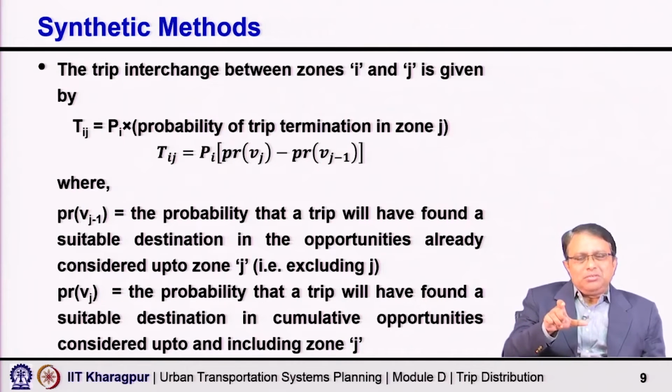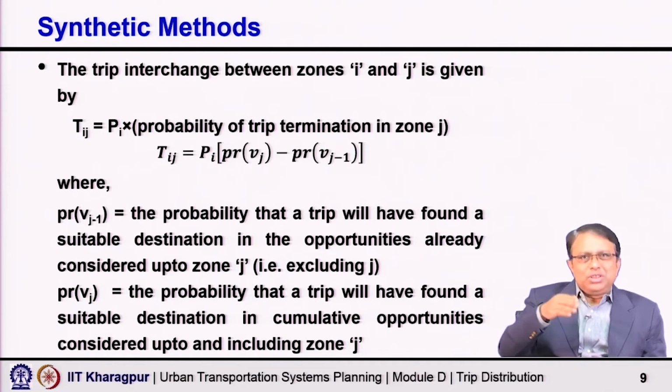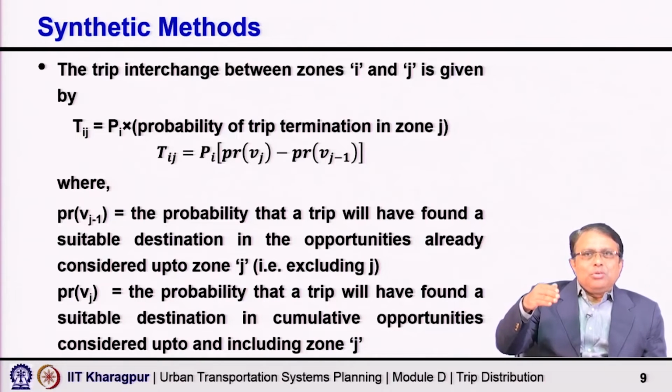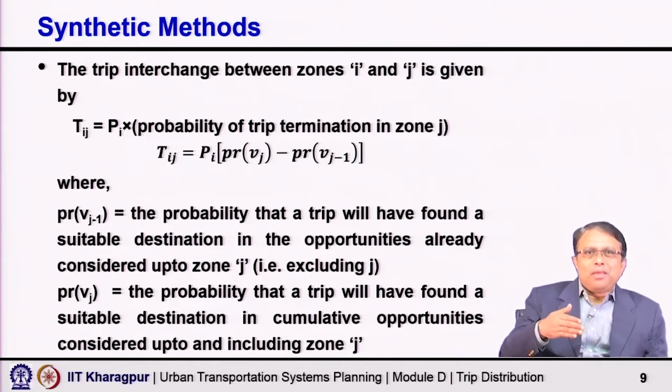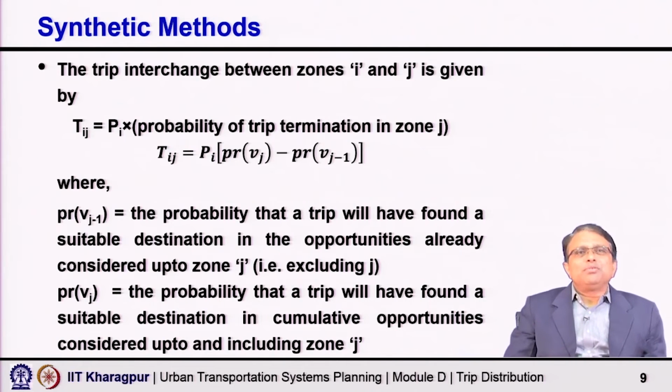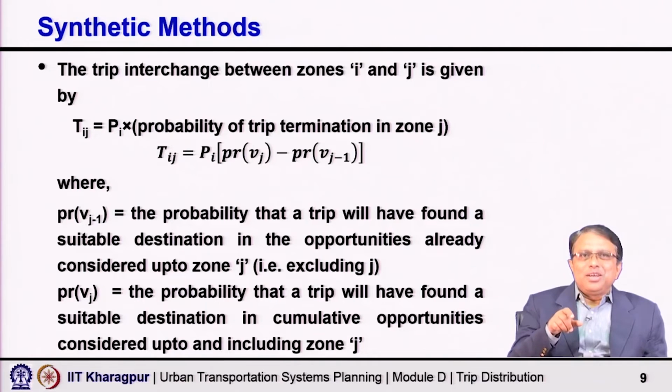What is the probability of locating a trip within that distance or within that many zones? So, number of zones will be j minus 1, because we are not including jth zone. And probability of V j will be the same thing, the probability that a trip will have found a suitable destination in cumulative opportunities considered up to and including j now.